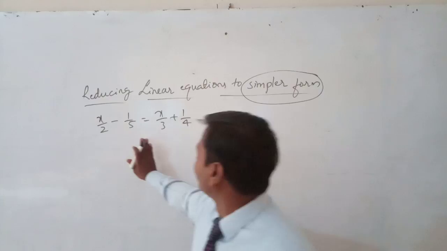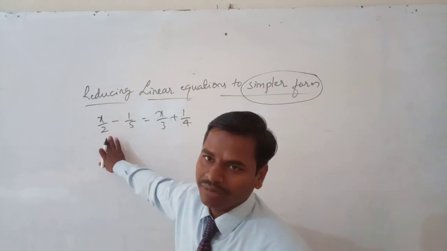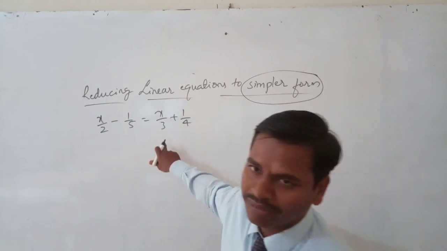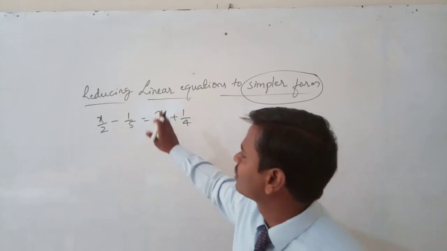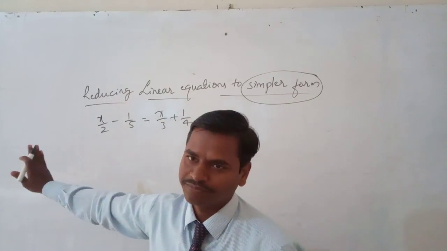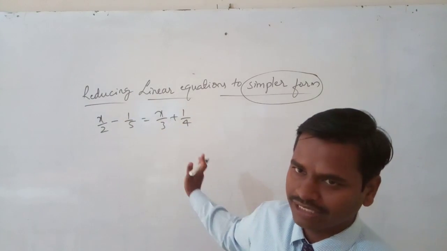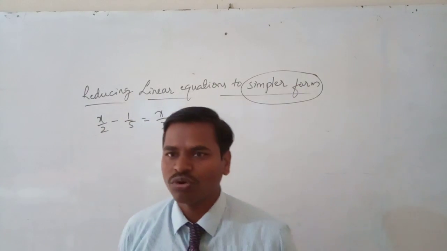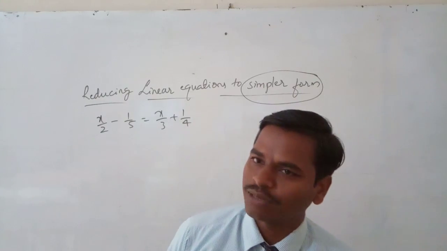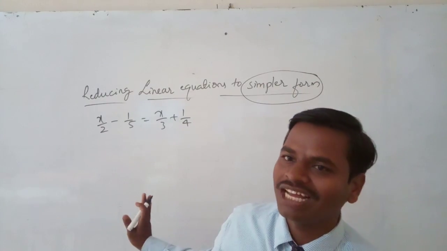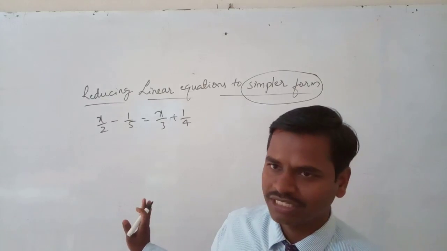Now, here the variable x by 2 is there, x by 3 variable is there. We shift these variable terms to one side and 1 by 5, 1 by 4 to the other side. The same steps we are following, but we should take more steps to simplify a complicated linear equation.